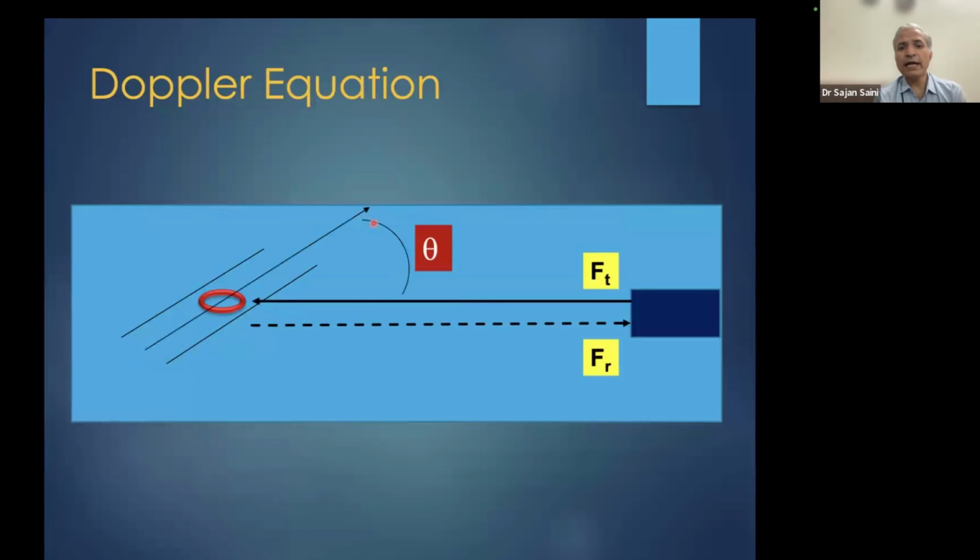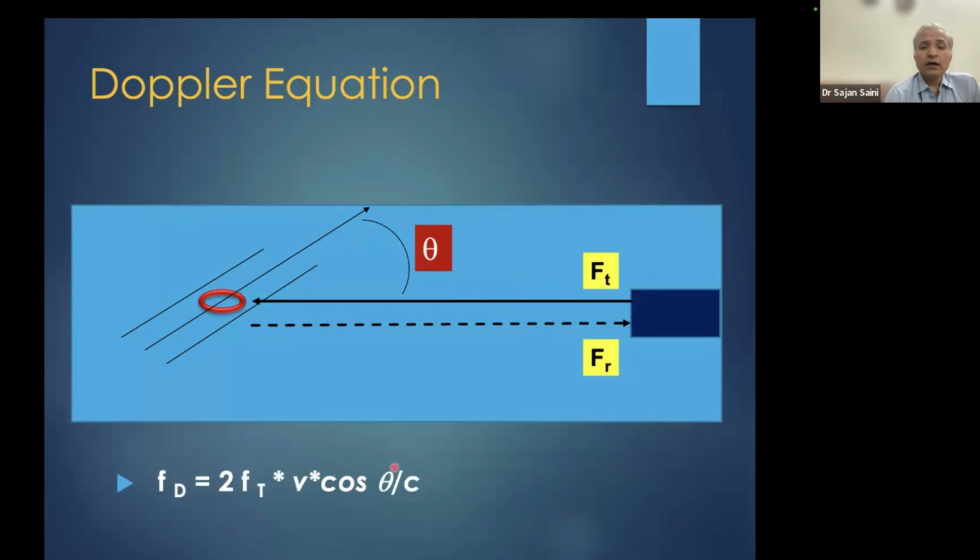So there will be an angle which has come into operation now. I'm sorry, the machine does not know this angle. The machine only understands the transmitted frequency and the received frequency. The machine knows that it has hit the object and the frequency has come back, and will calculate the Doppler shift.